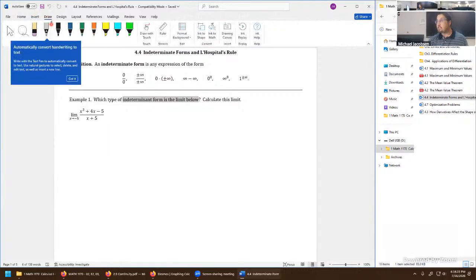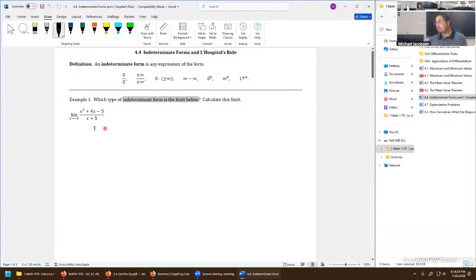One way to do this analysis is to look at what happens to the numerator and the denominator separately as x gets closer and closer to negative 5. We can write a shorthand: as x tends towards negative 5, that arrow is the same as in the limit below.